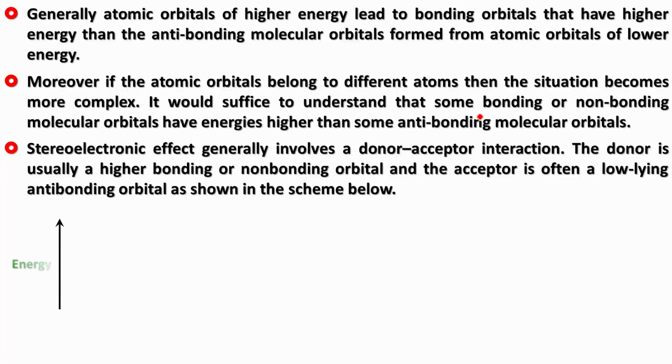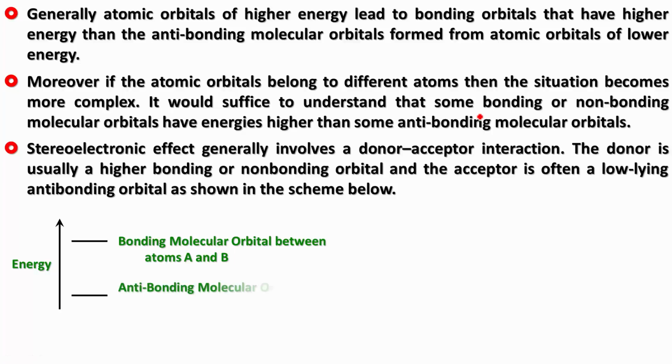So this is the energy axis. This is the bonding molecular orbital between two atoms A and B. This is the anti-bonding molecular orbital formed between two different atoms C and D. So if A and B and C and D are different, then definitely it's possible that the anti-bonding of C and D could be lower energy than the bonding.